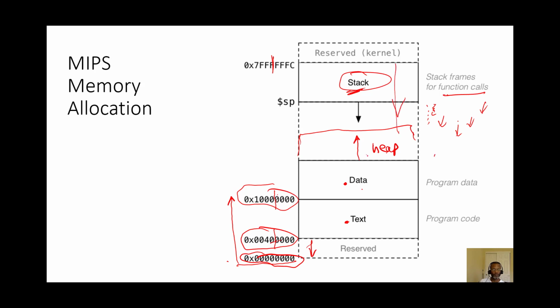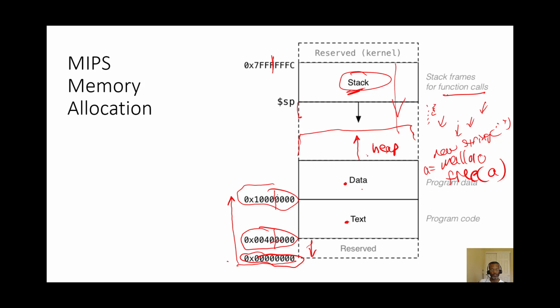And with the heap, every time you use, in Java it would be a new, or in C it would be a malloc. And so this grows and then it shrinks whenever you free up the space. So whatever pointer was used to store the address of this memory that was allocated, you should also free it up.